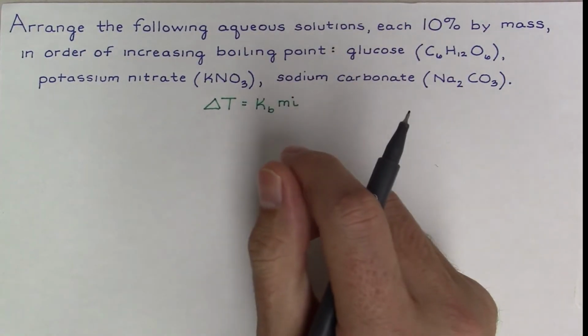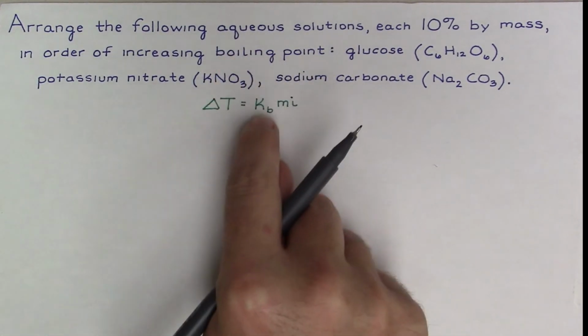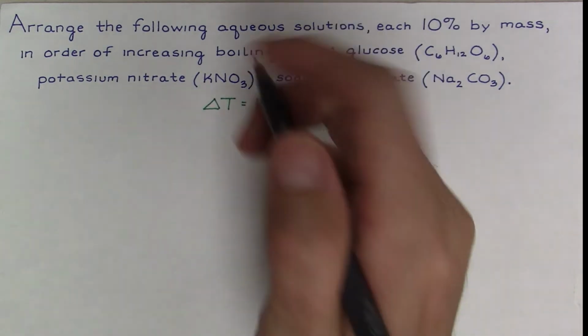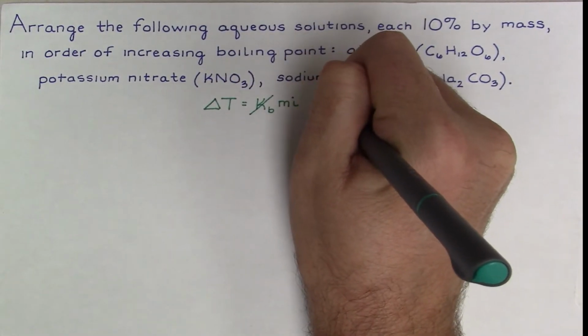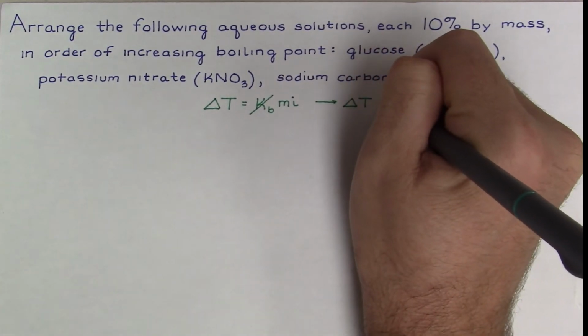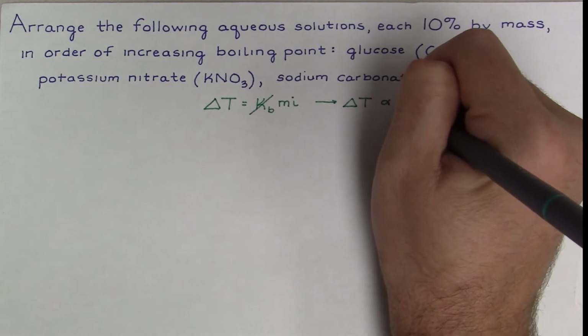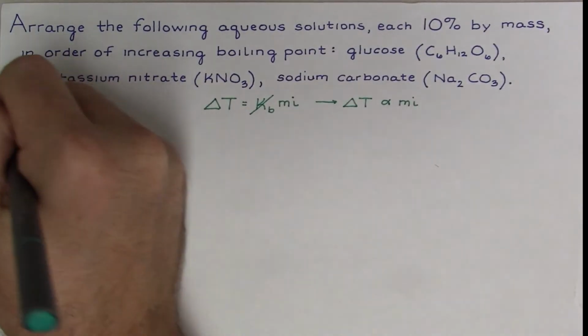But seeing that we have the aqueous solution, they will all have the same Kb term. So if we eliminate that, we can decide that our change in temperature will now be proportional to just two of our variables. So our change in temperature is going to be proportional to our molality times our Van't Hoff factor.